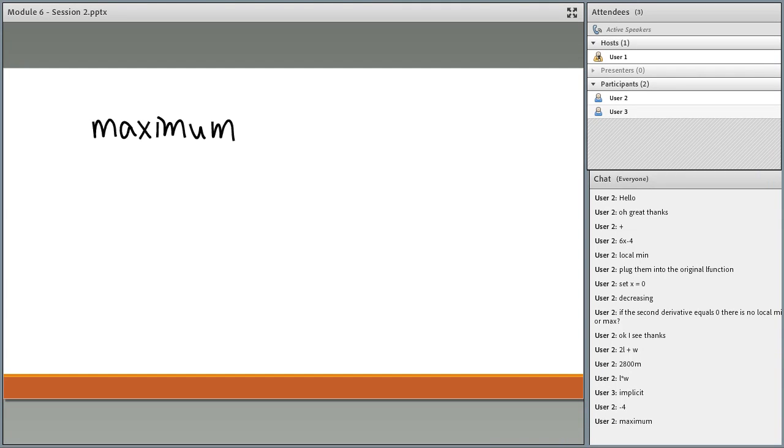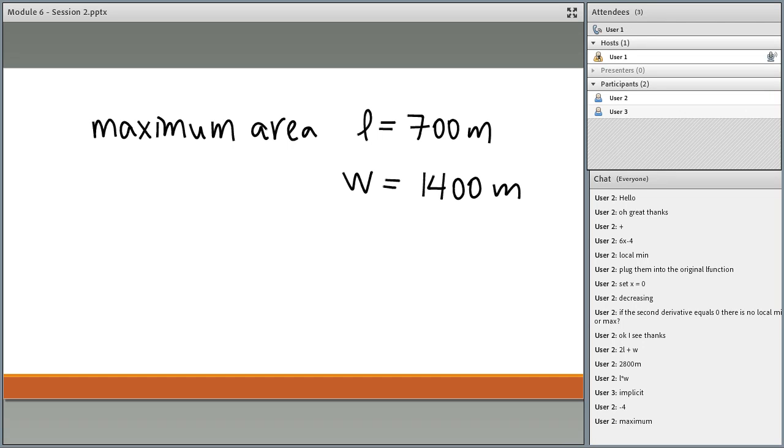So the maximum area is when the length is 700 meters and when the width is 1400 meters. We were also asked to calculate what the area is, so we can just calculate that by plugging these in.